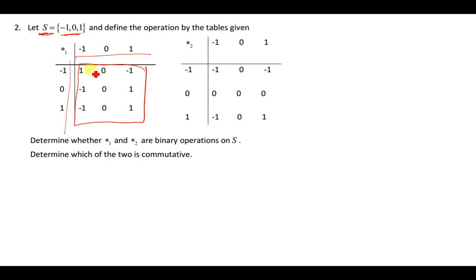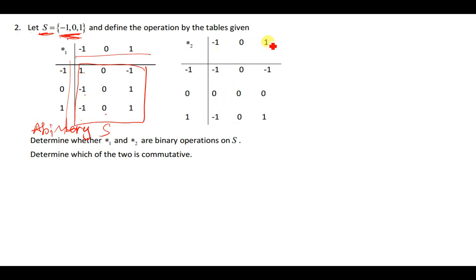But if we look at 1, -1, -1, 0, they are all part of this set. Hence, star 1 is a binary operation on S, on the set S. Sorry, it's supposed to be on S, not R.